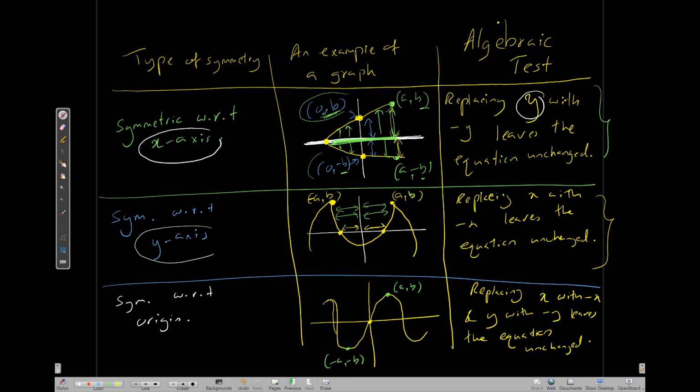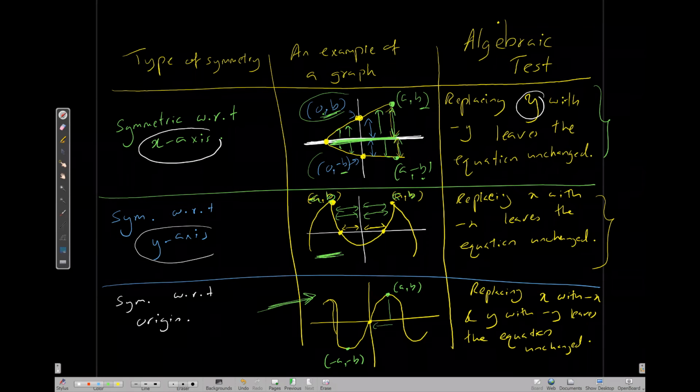But here with respect to y-axis, here negative a comma b, here a comma b, only one coordinate is changing positive and negative. But in the last case, this case, both of them are changing.